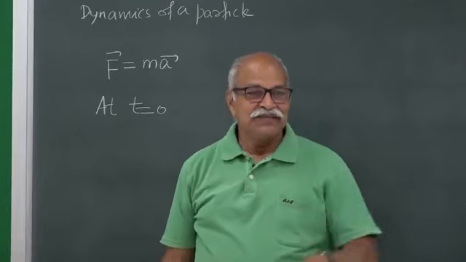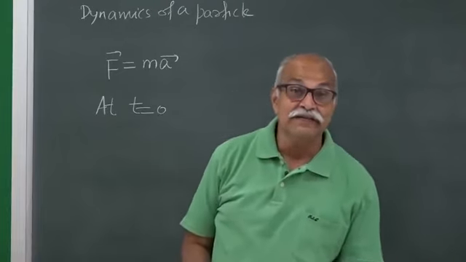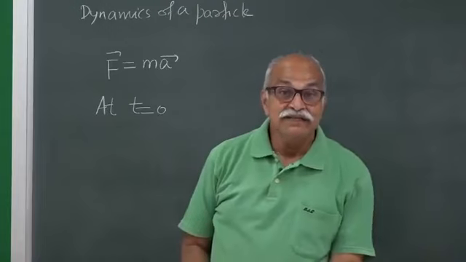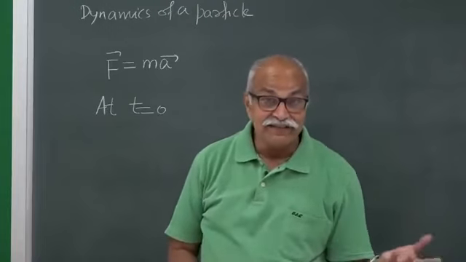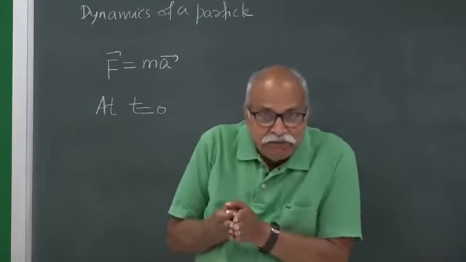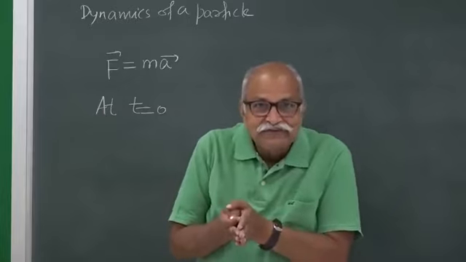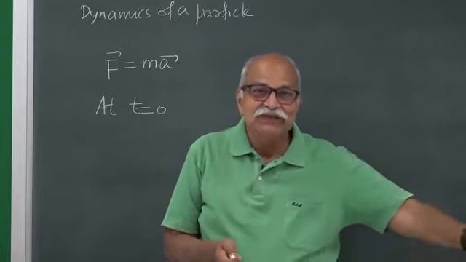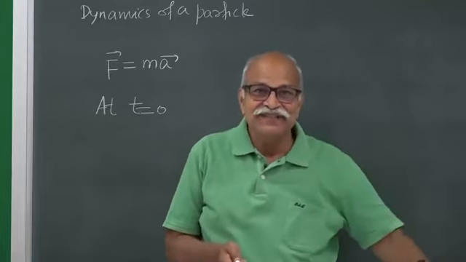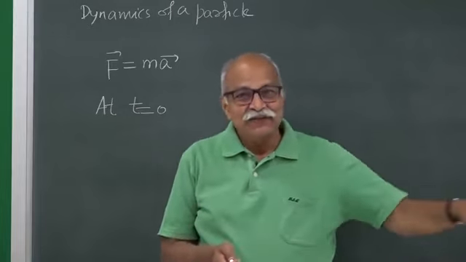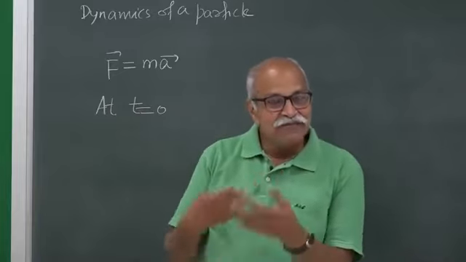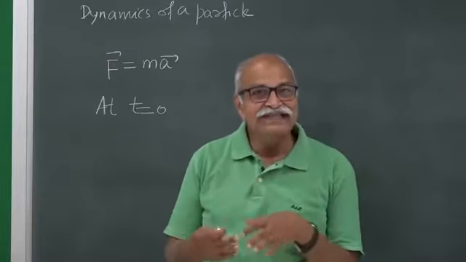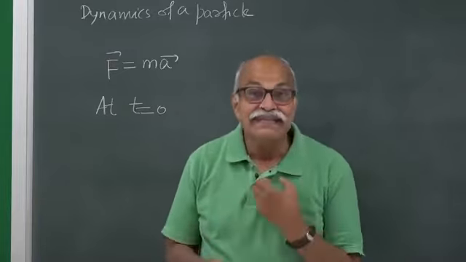So, in some questions if you get a negative value of t, that does not mean that it is unphysical. It is before that instant which you call t equal to 0. Before that also the motion was there, the particle was there, the forces were there and everything was there. So, if you solve a question and get t as negative, that does not mean it is unphysical.